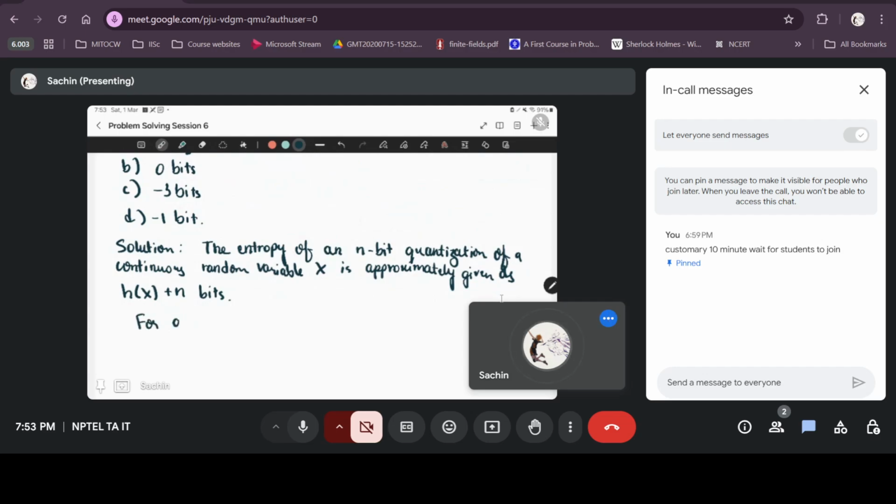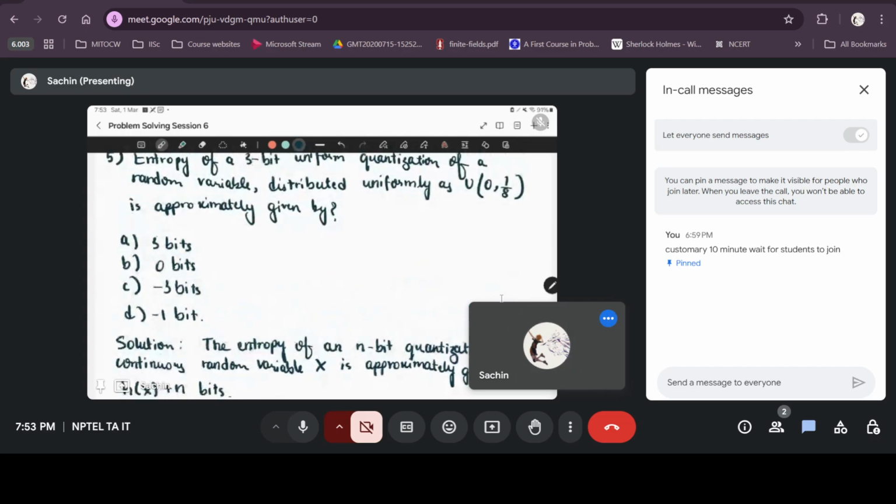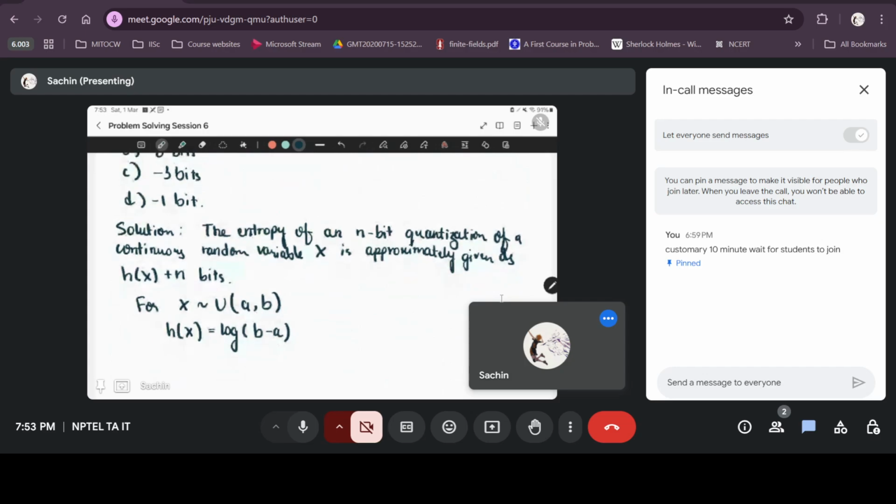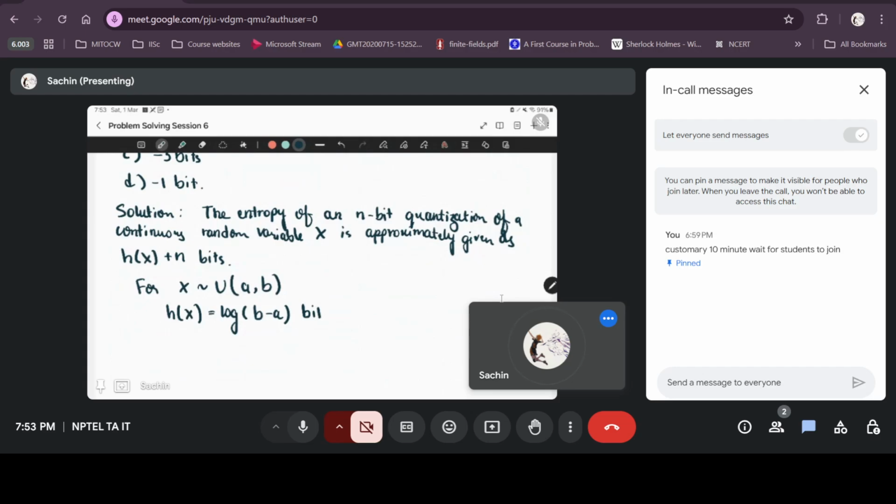For a uniformly distributed random variable with the distribution U(a, b), we have h of x is log of b minus a bits, for b greater than a.